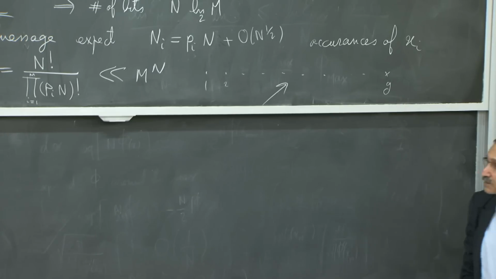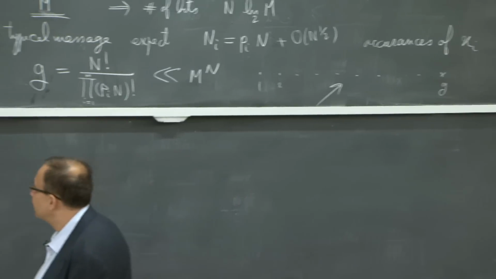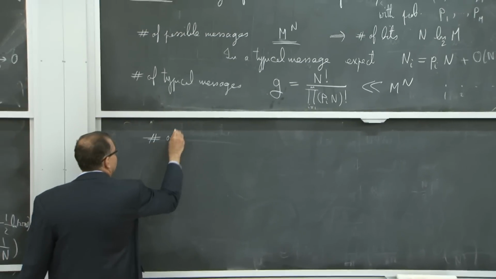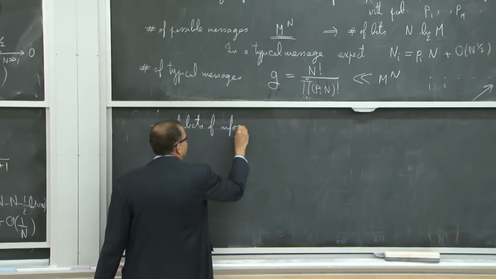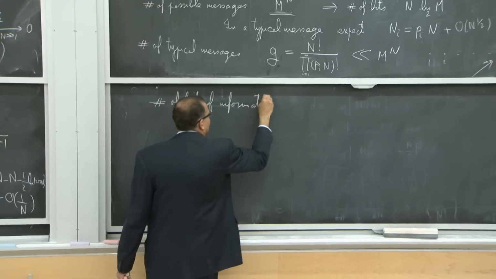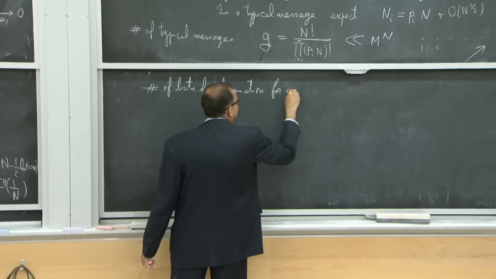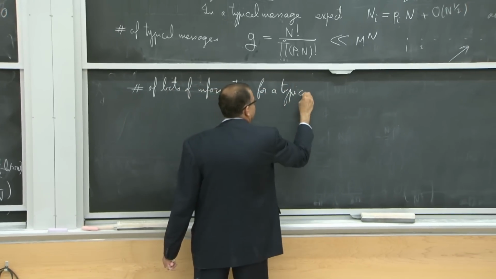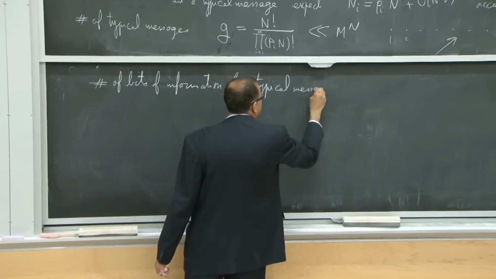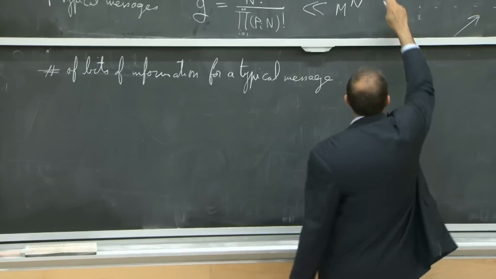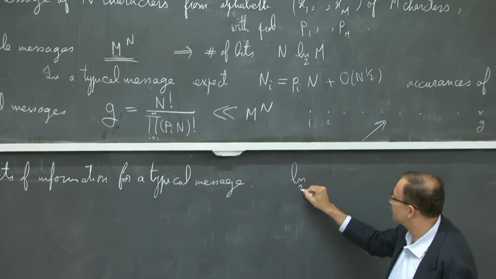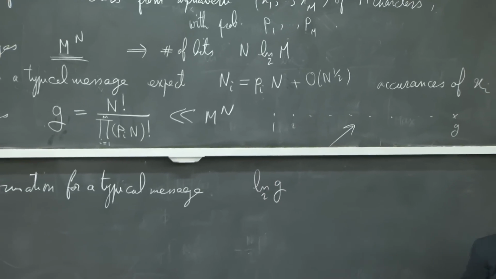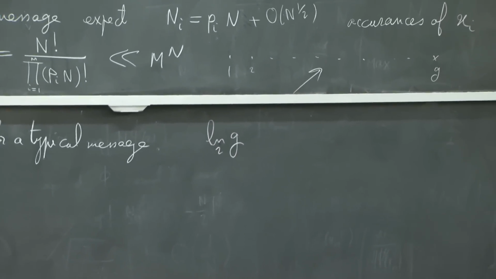The number of bits of information for a typical message would simply be log G. Okay?